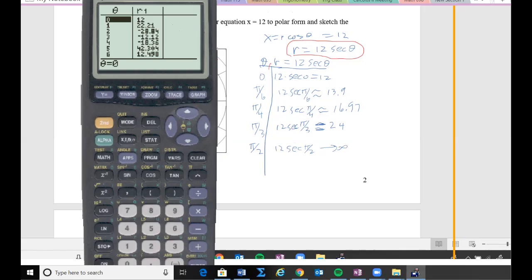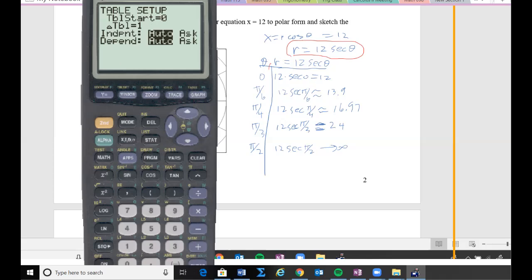There's our values for theta, for r1. These aren't the numbers that we're using, but let's see if we can put in pi over 6 and confirm that. Pi divided by 6. Okay, it's not actually allowing me to do that. Let me see if I can come in here and do the table set.